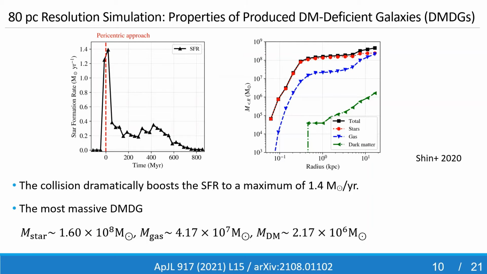The most massive DMDG has a stellar mass of about 1.6 times 10 to the 8 solar mass, which is similar to the observed value of DF2. So you can see in the right plot the profiles of enclosed mass of the most massive DMDG.